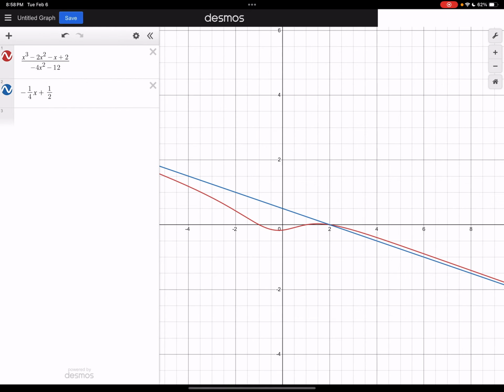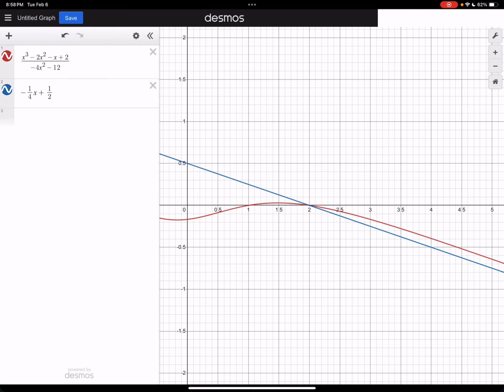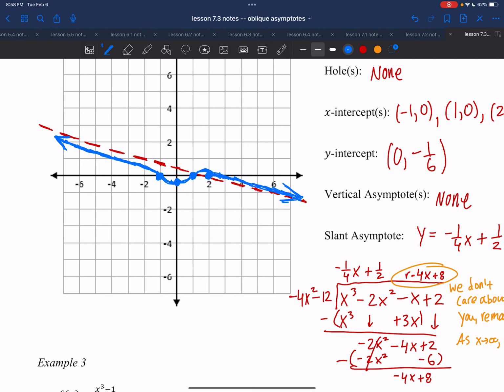It looked like right at 2. So it looks like it was beneath the line. That's interesting. Until 2. So I think with my sketch, I'm just a hair off. I think this is 1.